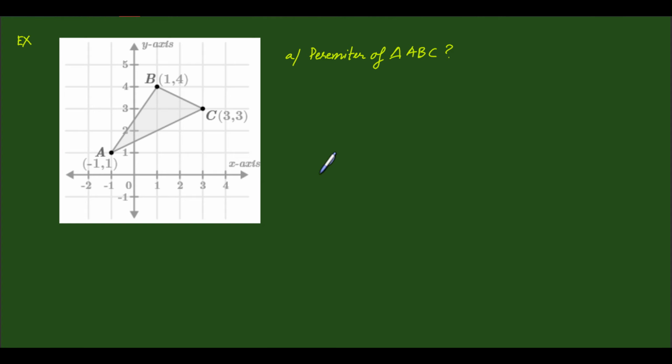Perimeter is just the surrounding length, right? So basically you need to find length AB, length BC, and length AC, then you just add them up, and that gives you the perimeter.